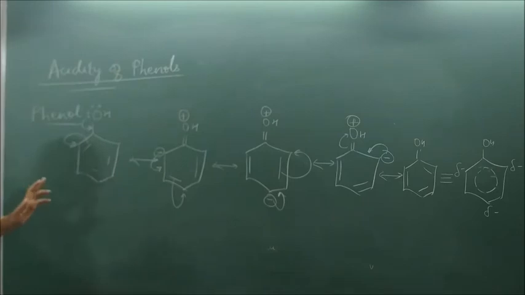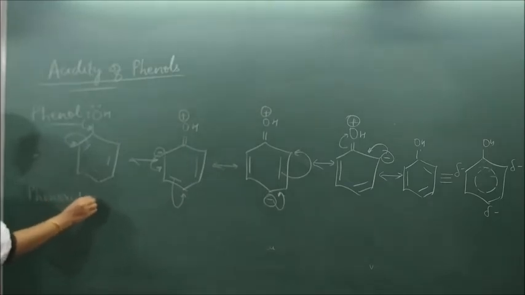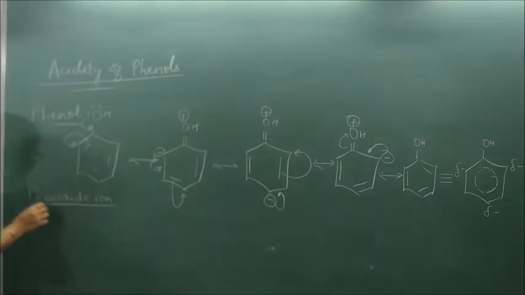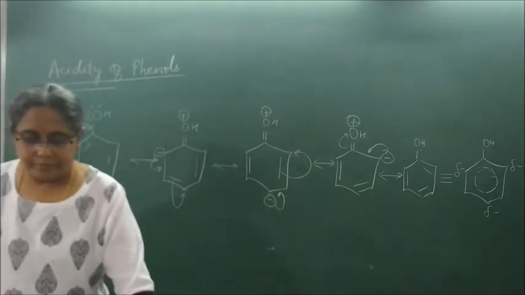Now we will talk about resonance in phenoxide ion. Phenoxide ion is what? C6H5O negative.